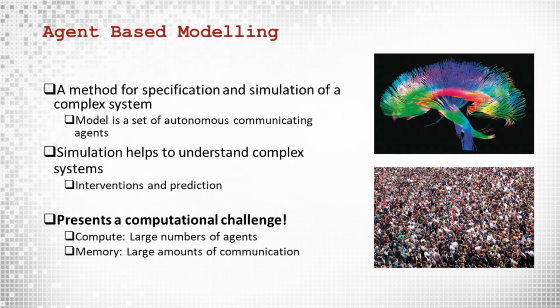So it's very different to top-down system-level modeling, but it presents a computational challenge. Having lots of agents, lots of individuals, whatever they may be, each of those has to be simulated independently. And likewise, there are large memory requirements for having lots of communication as well.